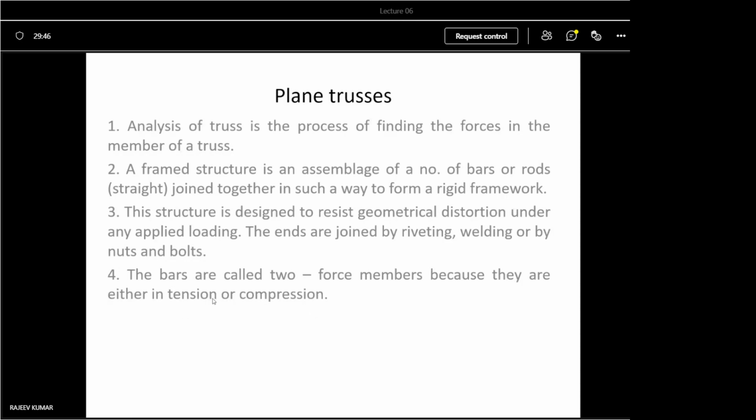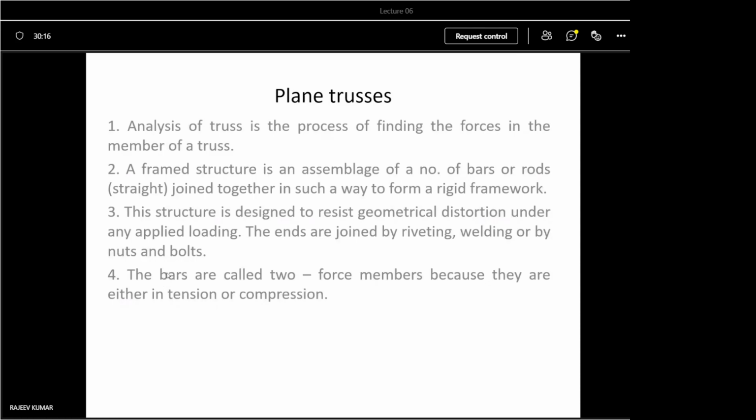It is a plane system, because you have to analyze a plane structure, a plane truss, and it is coplanar. It is a coplanar non-concurrent force system. If you resolve it, you will get horizontal and vertical components. So you get two-force members, with either tension on one side or compression on the other.